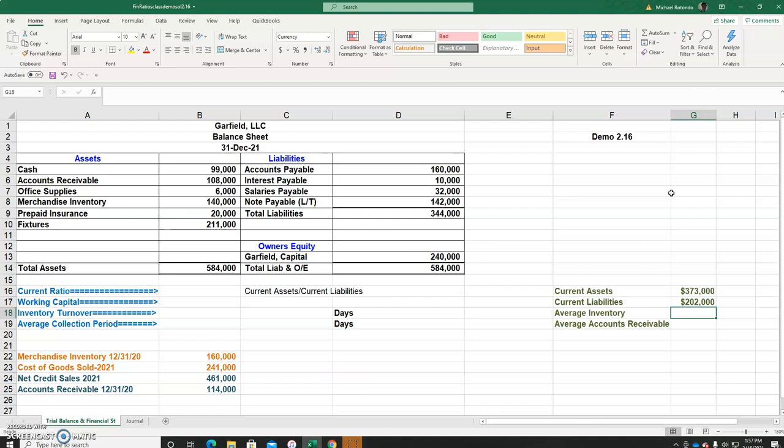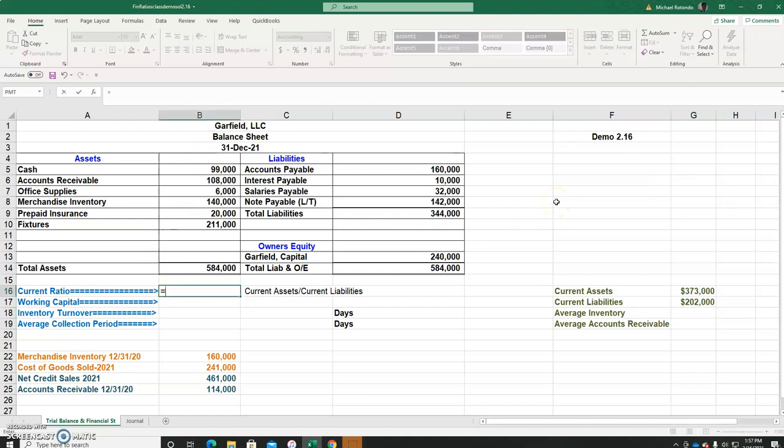So our current ratio is going to be 373,000 divided by 202,000. Current assets divided by current liabilities. So our answer is 1.85. Our current ratio would not be expressed as a percentage, but only as a number.